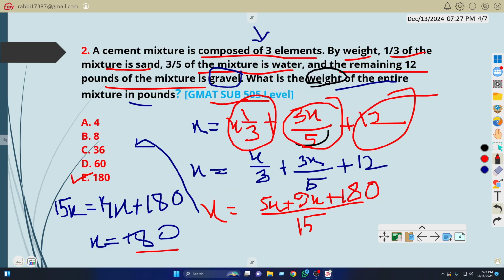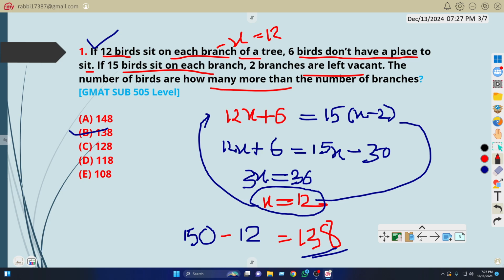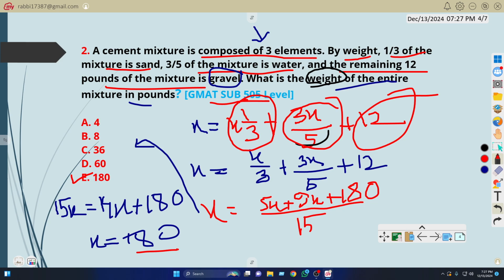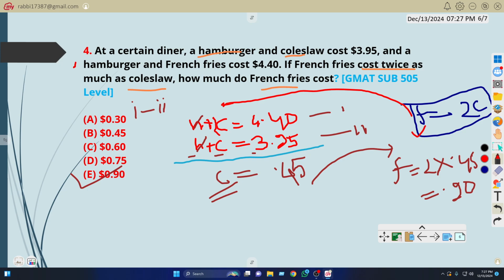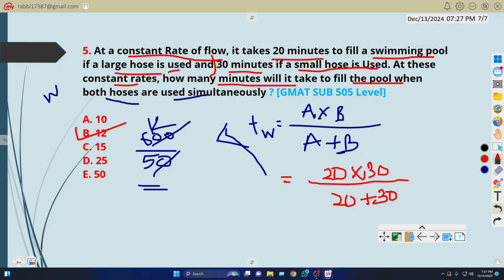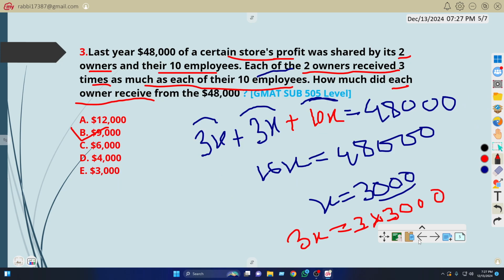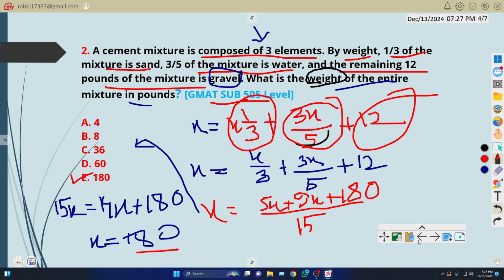So we again summarize this math. This is the ratio math, this is the mixture of cement, this is profit sharing and how much profit persons gain, and also hamburger and cost loss, and the constant rate of work done. These five maths are also helpful for you to understand more easily.